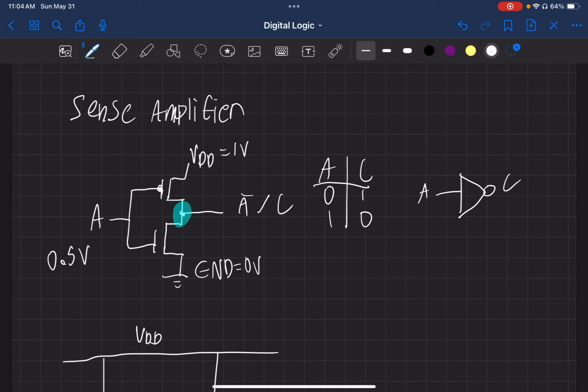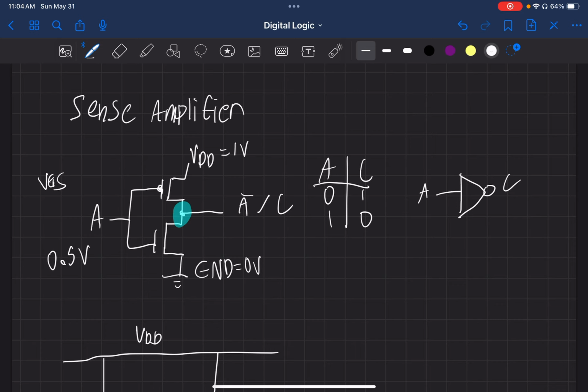But the intuition I'm going to bring here is: what is going to drive the output faster? A lower gate voltage, which we'll call VGS, this voltage on the gate. Is the output going to go faster with a higher VGS or a lower VGS? With the higher VGS, current is going to flow faster because presumably it's going to be in triode.